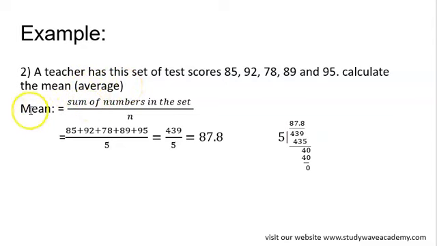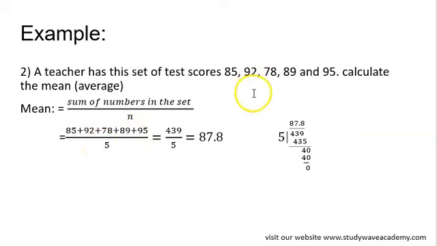So when calculating, we first of all write out our formula. Then we do what next? You can tell me. We input our numbers into our formula, right? Good. So we have 85 plus 92 plus 78 plus 89 plus 95 over the number.